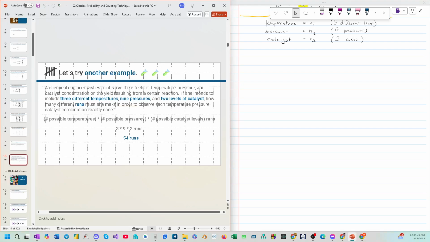So, how many different runs? It's asking us for the sample space. The number of runs, or the sample space, is equal to, based on formula, N1 times N2 times N3. So, we have 3 times 9 times 2 equals 54.